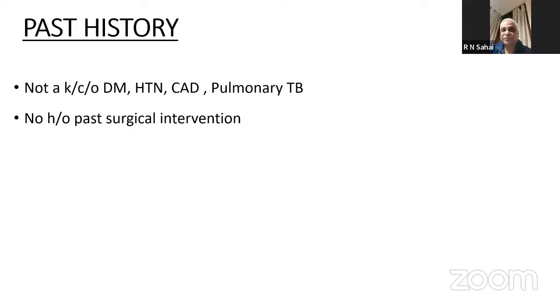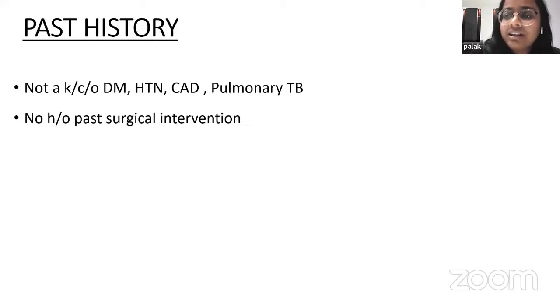What kind of intervention? Suppose he underwent appendectomy? No, it's just past surgical intervention. What kind of intervention are you looking for? Suppose he had undergone tonsillectomy. Sir, in particular, I'm looking for intervention related to any cardiac or limb disease.